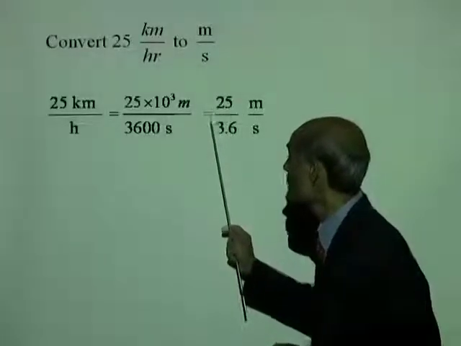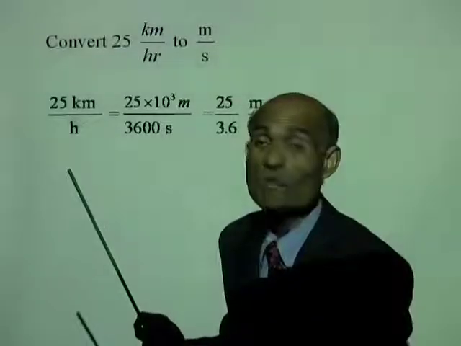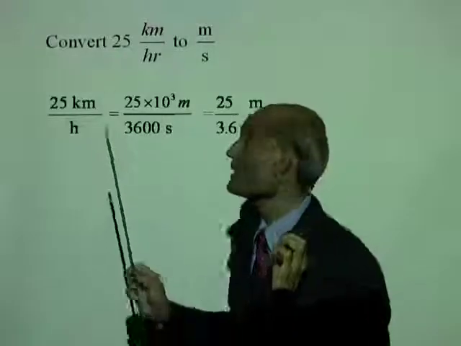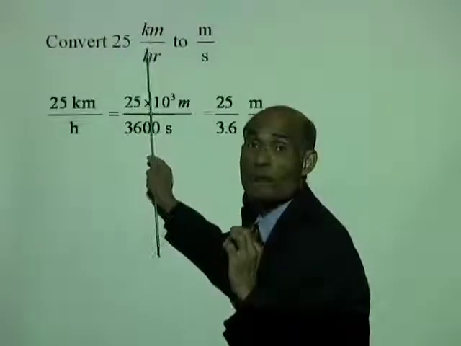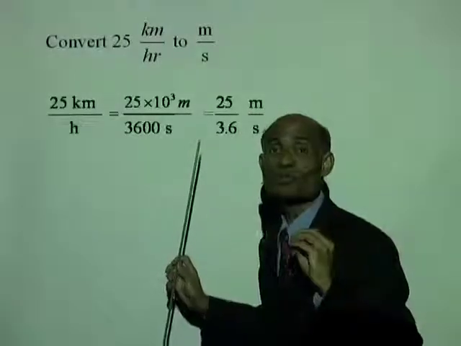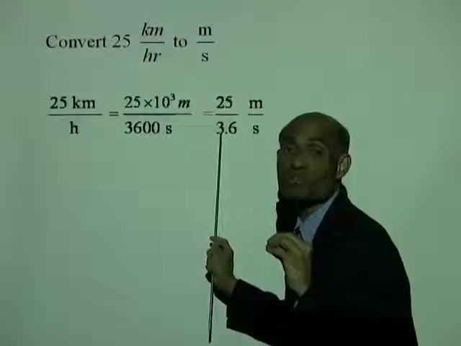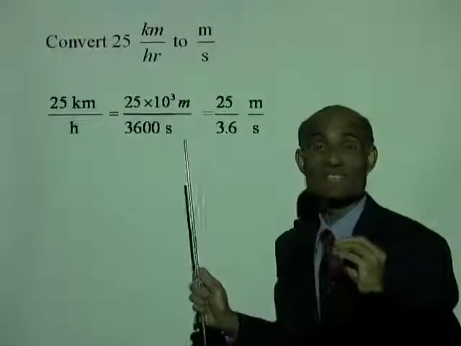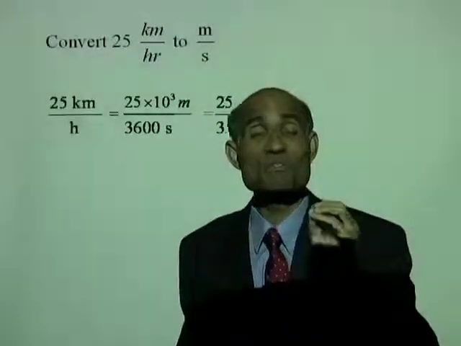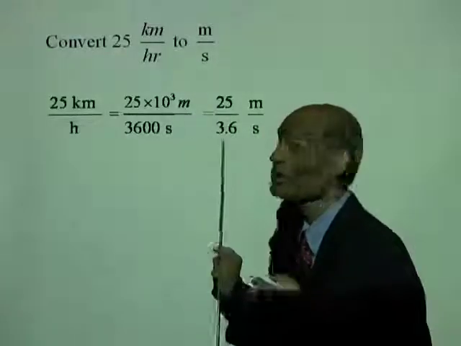Now, you will ask me, why did I write it like this? Well, I wrote it like this for one reason. In order to convert kilometer per hour to meter per second, all you need to do is divide that number by 3.6, isn't it? Kilometer per hour can be converted to meter per second by simply dividing by 3.6.